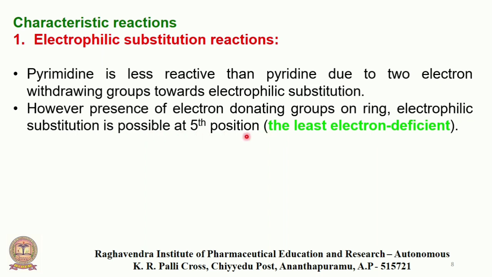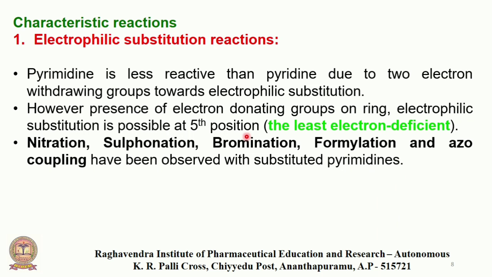Electrophilic substitution reactions like nitration, sulfonation, bromination, formylation and azocoupling have been observed with substituted pyrimidines. You need to see this clearly: pyrimidine itself does not undergo these reactions, but substituted pyrimidines with electron donating groups easily undergo them at the fifth position.